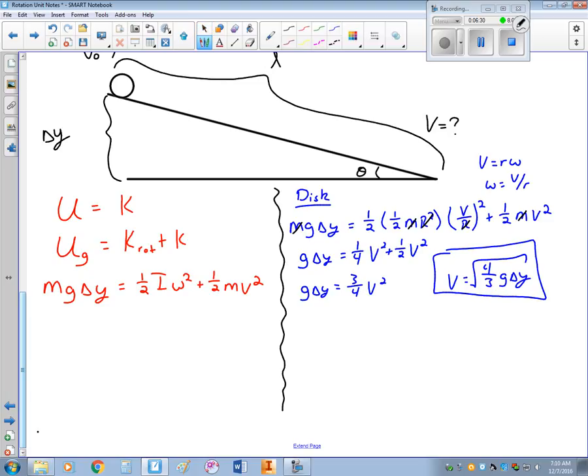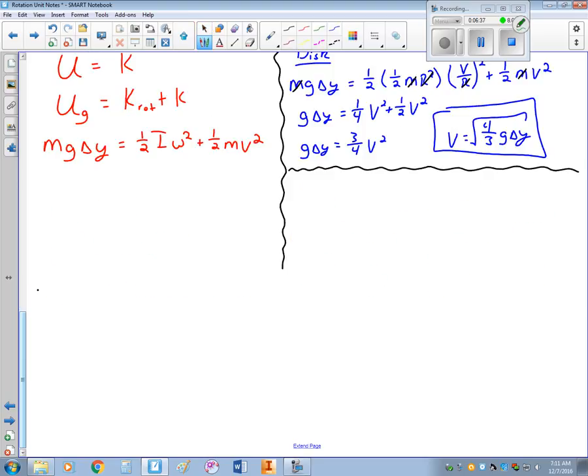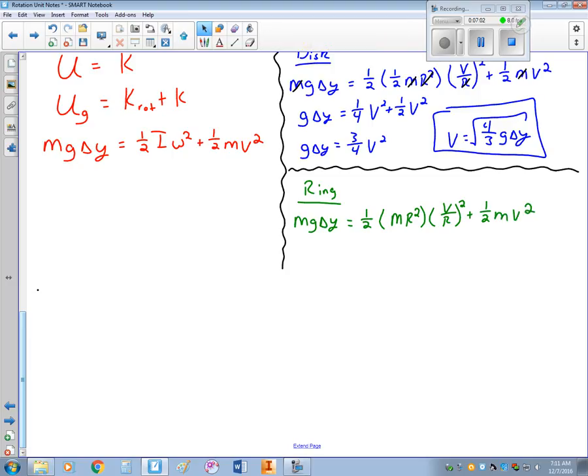All right, now let's figure out the ring. The moment of inertia for a ring is just mr squared. Once again, we're going to plug in v over r for our omega. Again, I want you to notice that mass cancels.